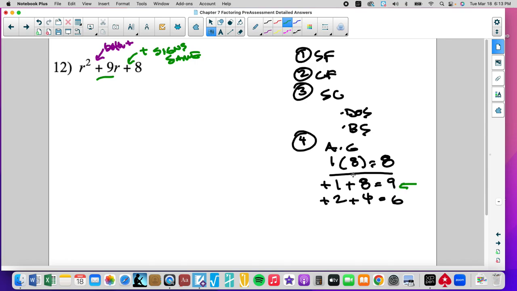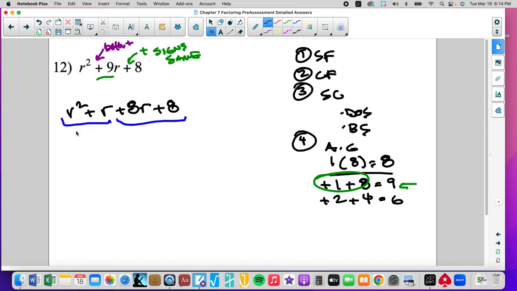9. So I'm going to pull these two values, 1 and 8, and we have r squared plus 1r plus 8r plus 8. Where did I get these two numbers from? Right here. I'm using 1 and 8 as my coefficients on splitting that. Now I'm going to factor by grouping.